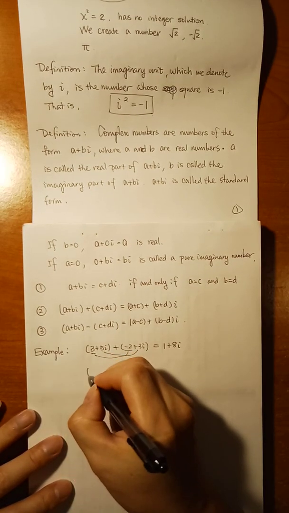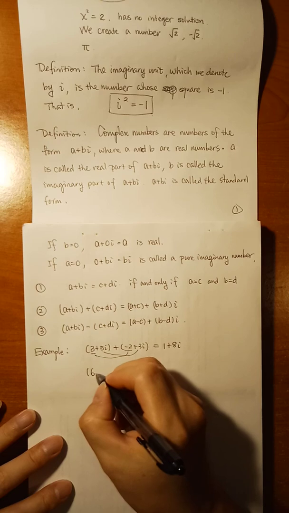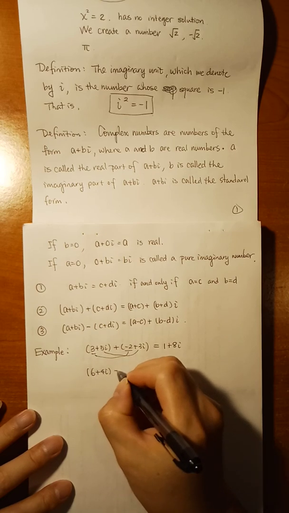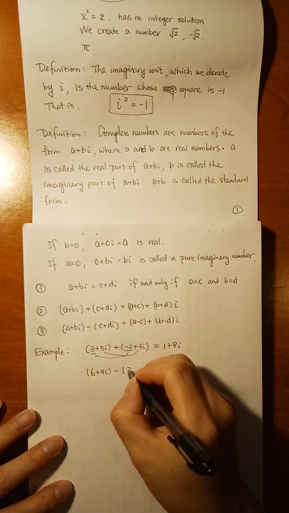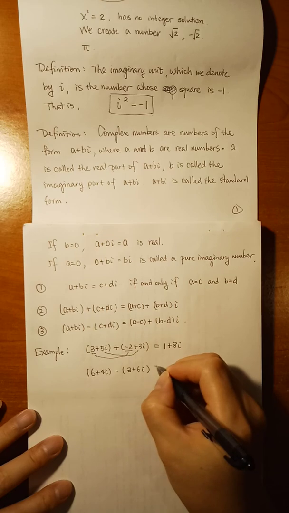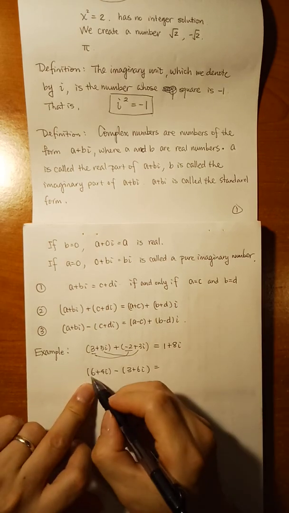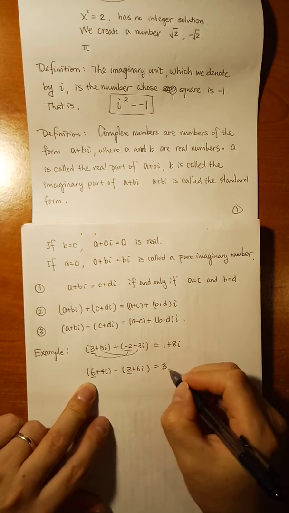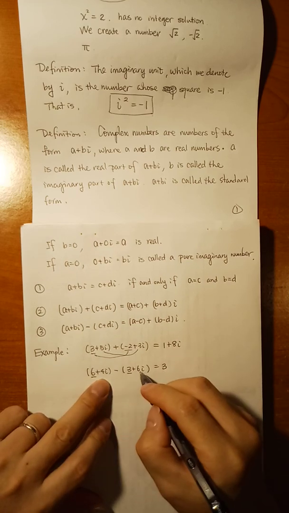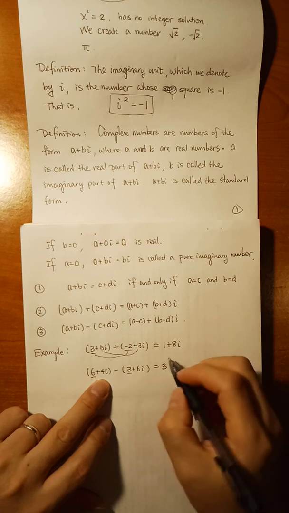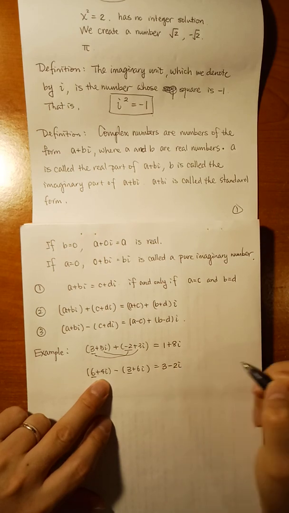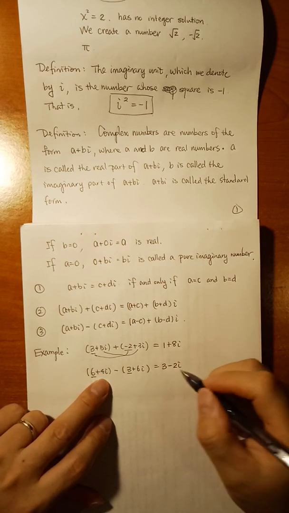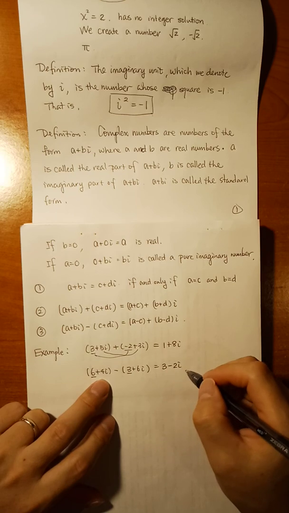And if you have a subtraction, 6 plus 4i minus 3 plus 2i. Remember subtraction. Then 6 minus 3 is 3. 4 minus 6 is negative 2, negative 2i. Okay, so it's 3 minus 2i.